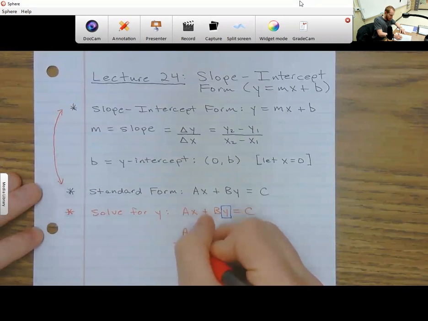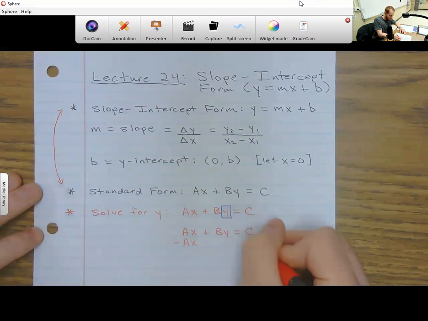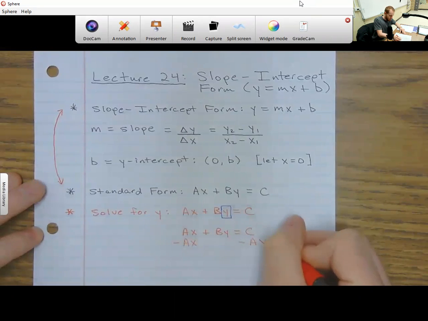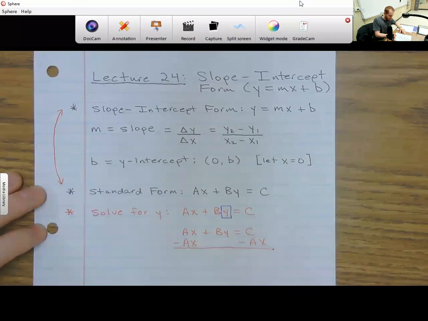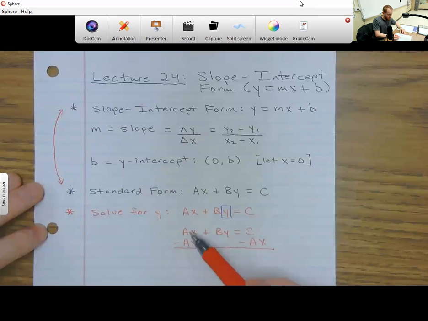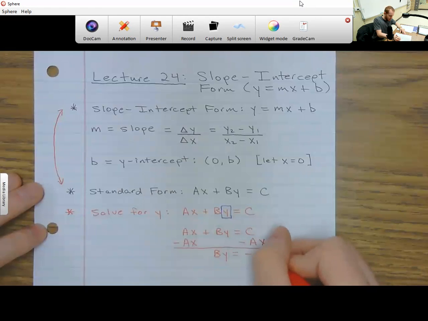So we're going to subtract ax from both sides. And what do I get? Well, on the left side, the ax and the minus ax cancel each other out. So the only thing I have left on the left side is by. And on the other side, I'm going to have negative ax plus c.